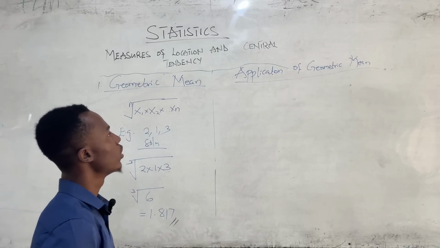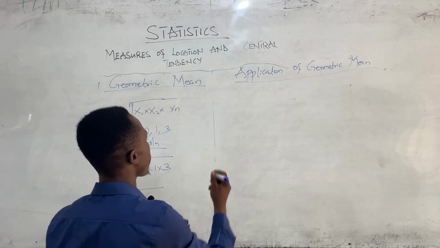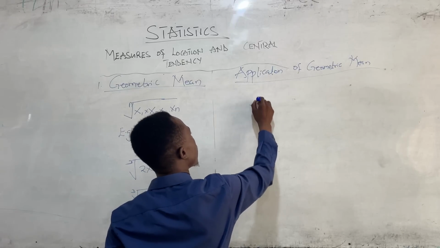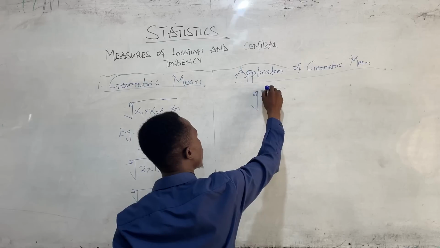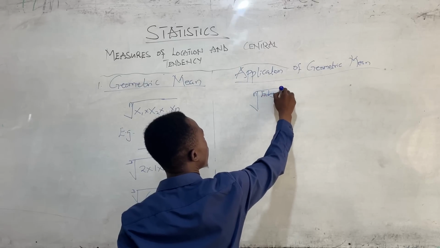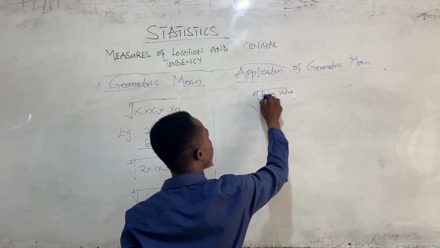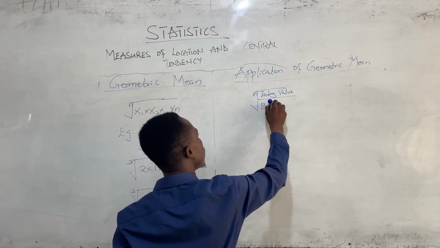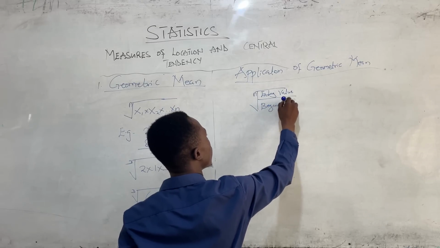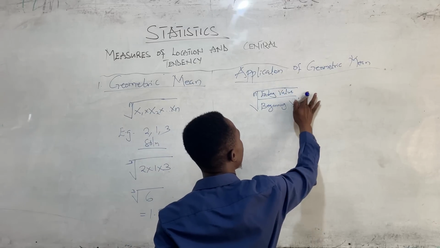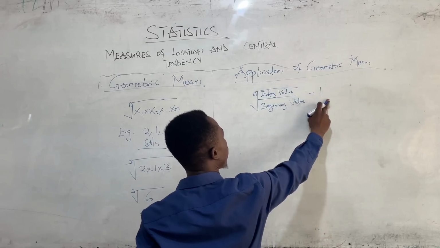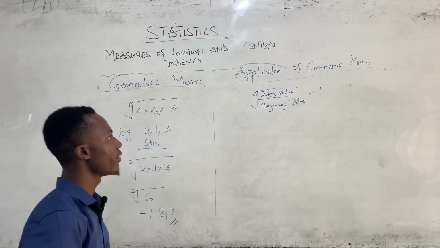So this one too, you need to go by a formula, which is the nth root of ending value over beginning value, minus 1. The minus 1 is not under the root, so have it in mind.